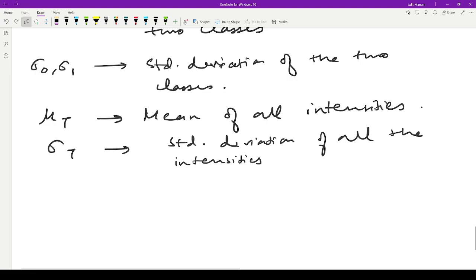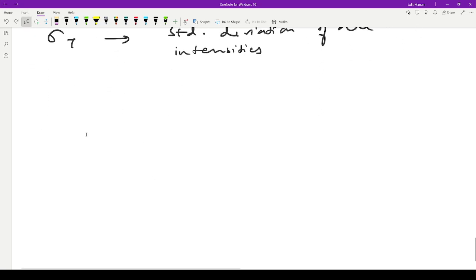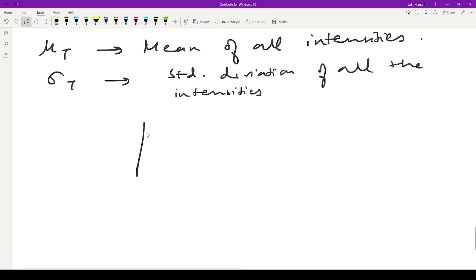Okay. So now I'll mathematically write what these things mean. W naught is the probability that it belongs to class 0. Before I define it mathematically, I should draw a simple diagram to understand what is going on.